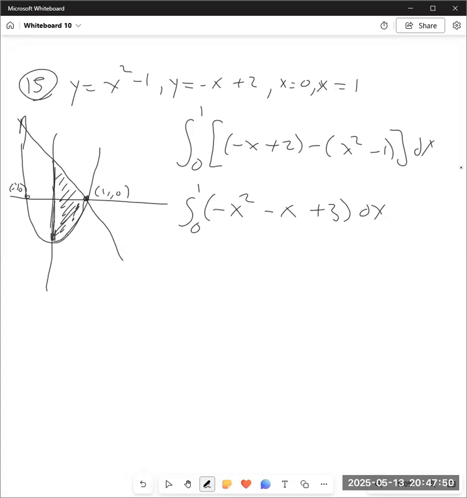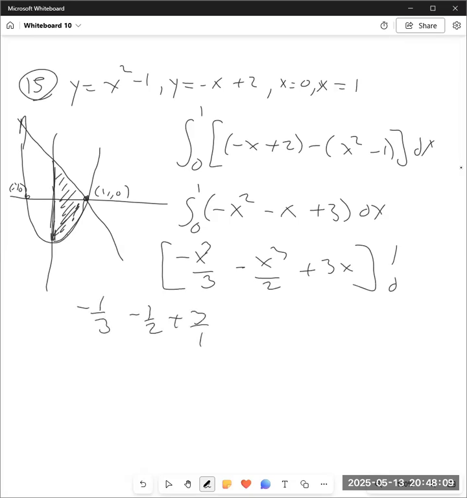And so I get negative x cubed over 3 minus x squared over 2 plus 3x evaluated from 0 to 1. It's negative 1/3 minus 1/2 plus 3 over 1. Make those all have a common denominator of 6. Negative 2/6 minus 3/6 plus 18 over 6 is 13 over 6 for my area.